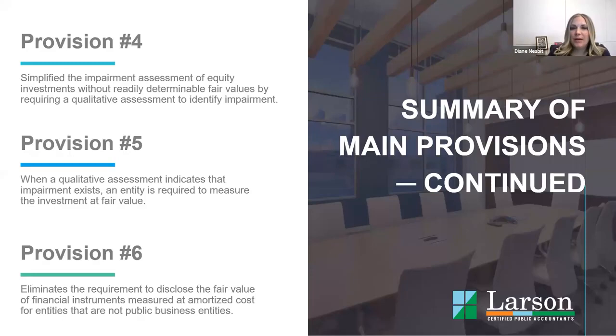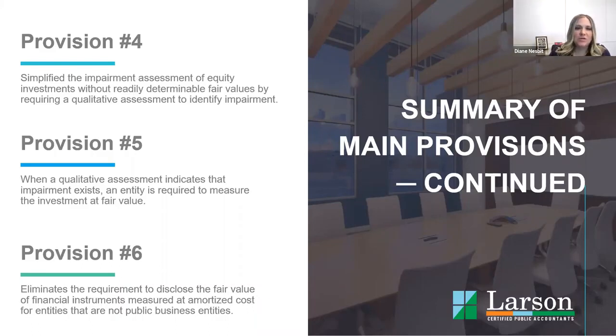All right, so a helpful thing that this new update offers is they've simplified the impairment assessment of equity investments without readily determinable fair values by requiring a qualitative assessment to identify impairment.